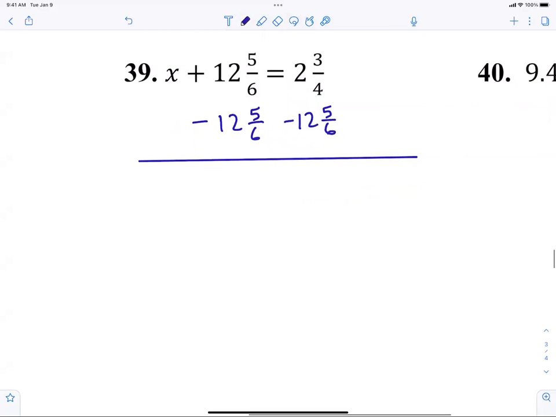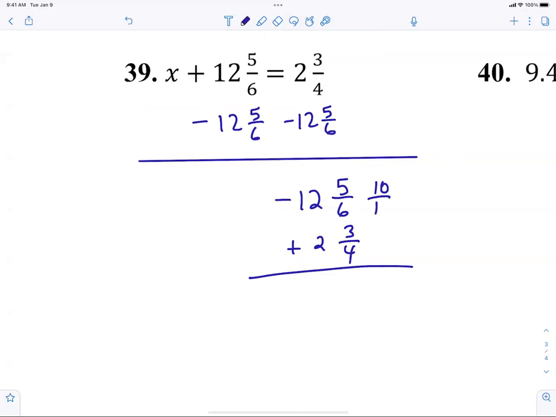So I need everybody to review that. I want negative 12 and 5/6, and then it's plus 2 3/4. All right. Now I need help with the common denominator. 12. So I'm going to multiply the first fraction by what? 2. So that becomes 10 out of 12.